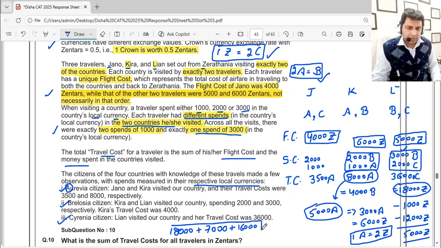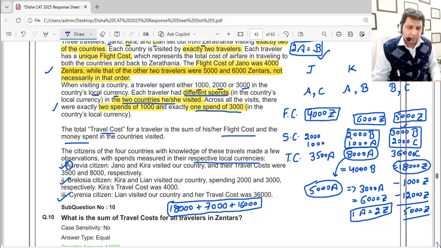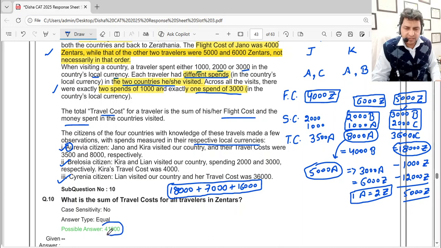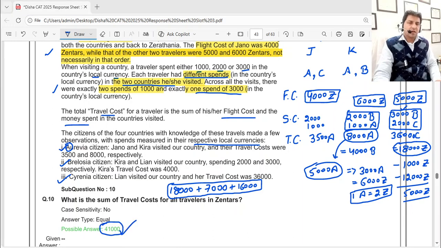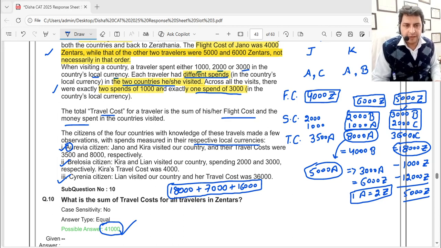So the total comes out to be 18 plus 7, 25, 25 plus 16, that is 41,000. That should be the answer. Yes, that is the answer here. A bit of calculations to find out the relations, and then we can give the answers clearly.